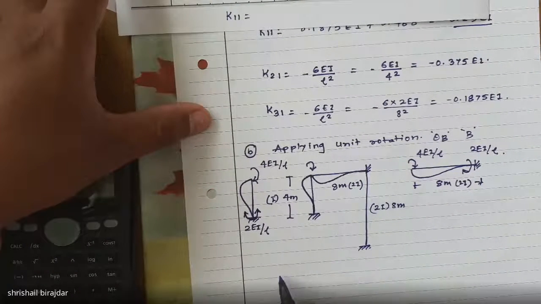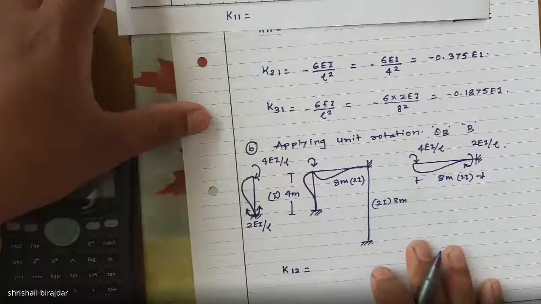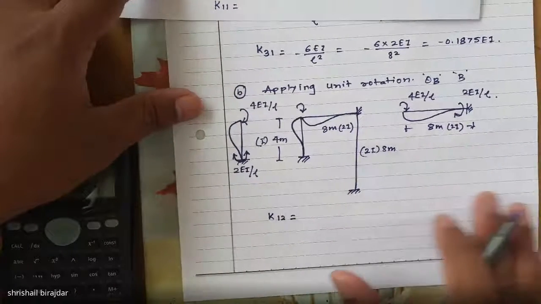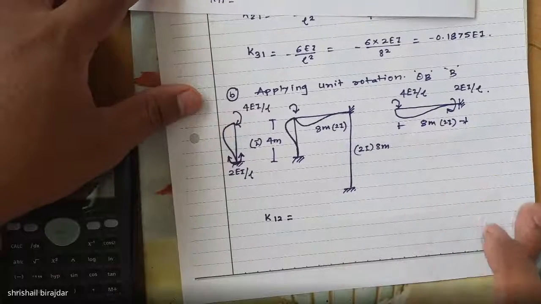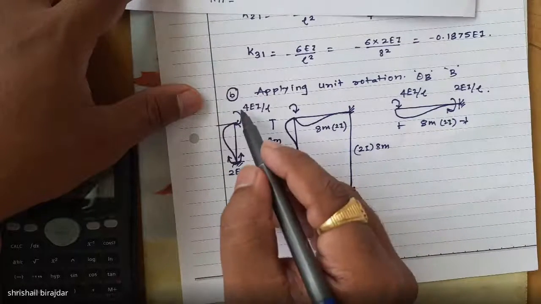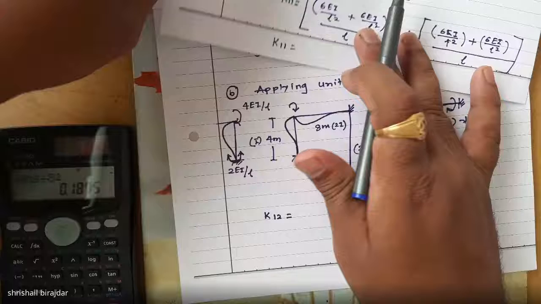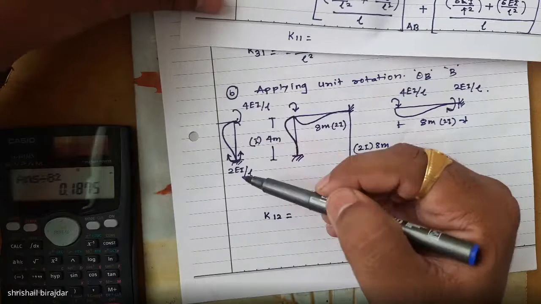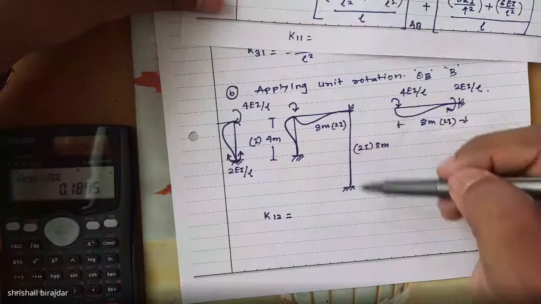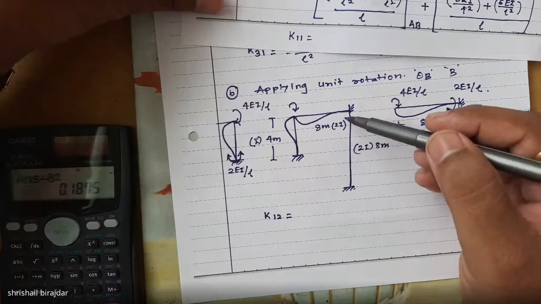Okay. For translation, for second column K12 equal to how much does it work out to be? Please try to find out the translation here. For getting the translation here, you need to add these two moments 4EI and 2EI, and here no such moments are available in the column.